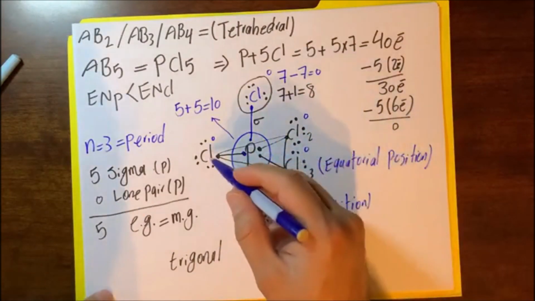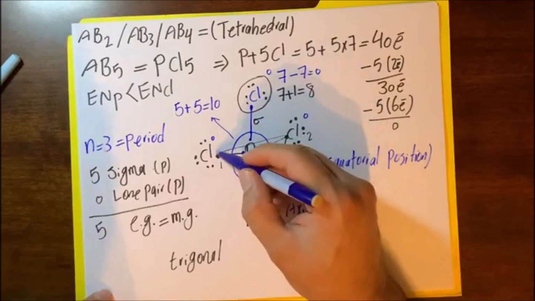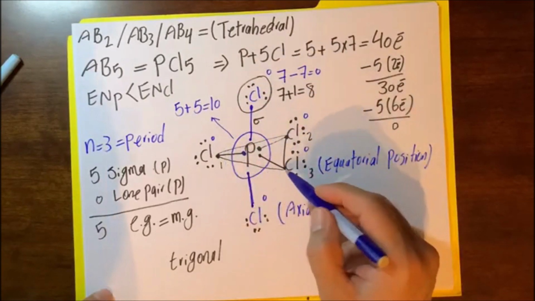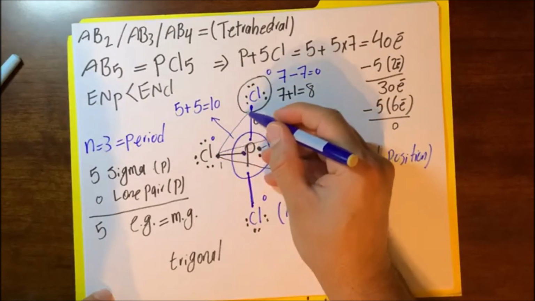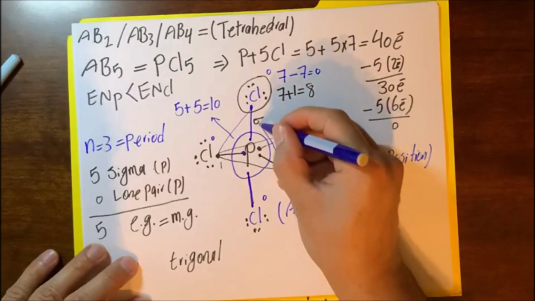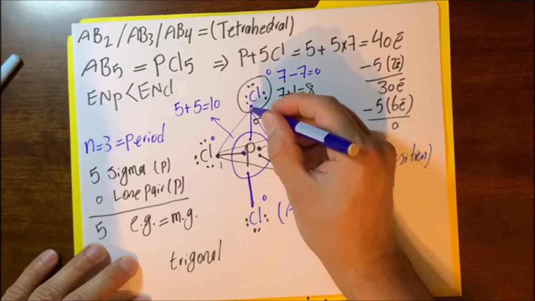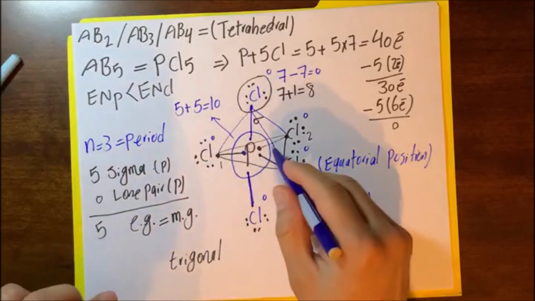If you take any of these atoms, the equatorial position, and connect it to the axial, you will form a pyramid.